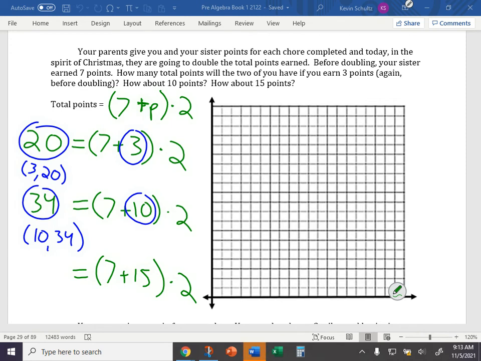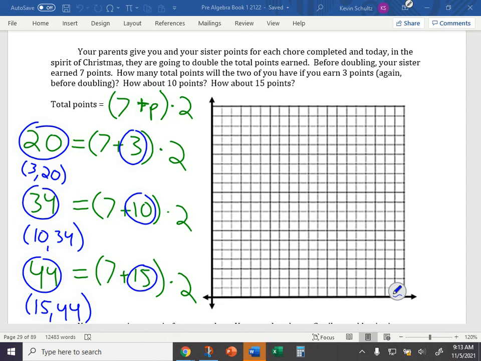Not 15, 4. Wyatt? 44, right? 7 plus 15 is 22. 22 times 2 is 44. And the ordered pair that's being plotted is 15, 44 because the 15 is what changed. That's our x-axis, right? The 44 is how many total points were earned.